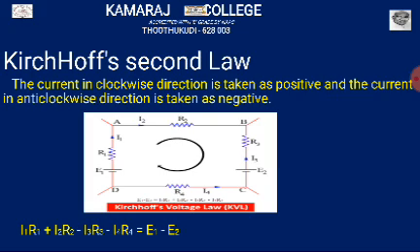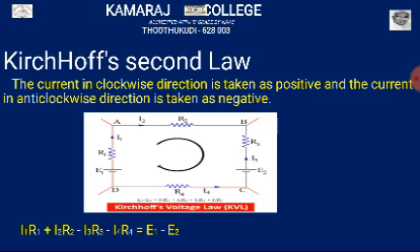That is, in the AD part E1 and in the BC part there is E2. And for the battery we have to see the symbol, positive and negative. When the current flows from positive to negative, we can put it as a positive sign, but here from E1 to E2 it is positive to positive itself, so we have to take E2 as minus E2. So the sum of EMFs here is E1 minus E2.